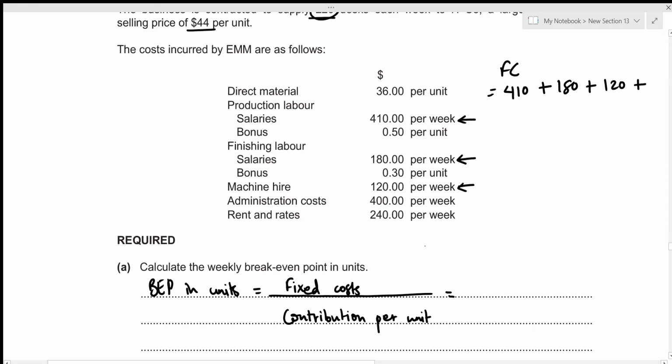Then we have the administration cost, which is 400 per week. Then finally we have the rent and rates, which is 240 per week. So these are the fixed costs. The total is just going to be 410 plus 180 plus 120 plus 400 plus 240, which is 1350. So this is our fixed cost.